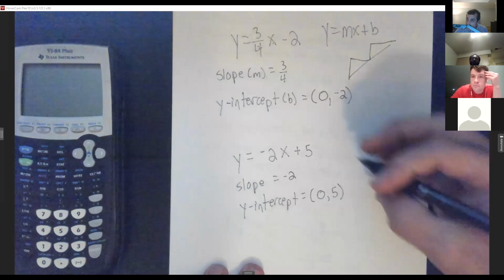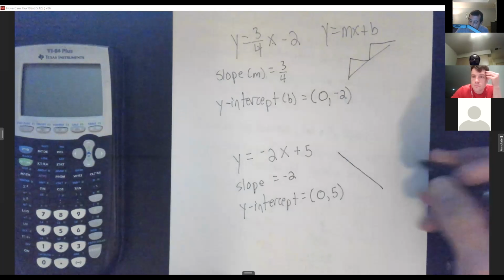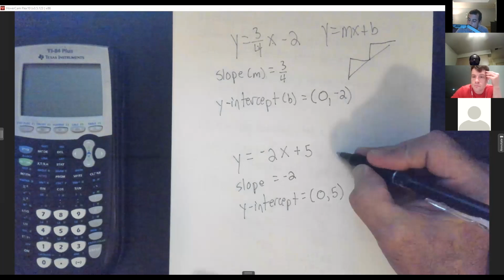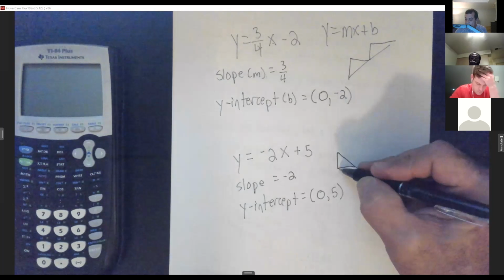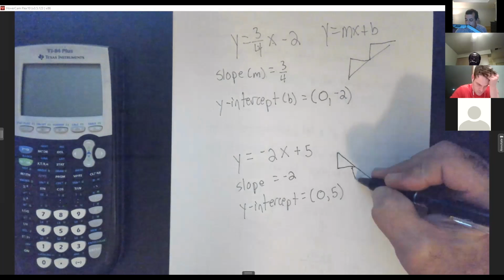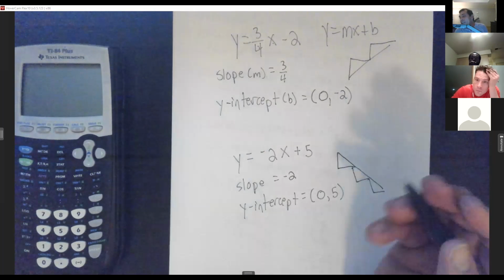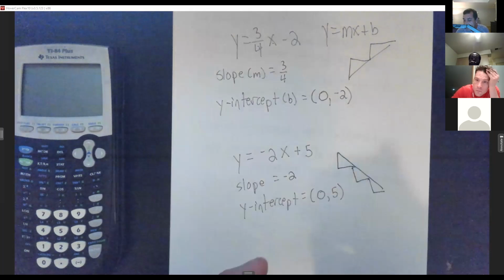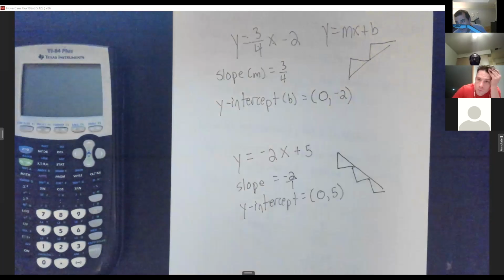That means this line is going to go downhill. It goes down 2 in each y value and over once on the x's. So down 2 over 1. If your slope doesn't look like a fraction, remember, there is always a 1 on the bottom, okay?